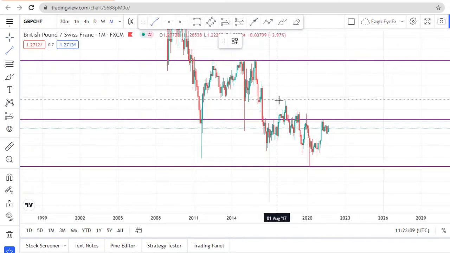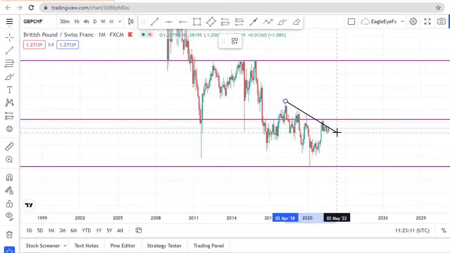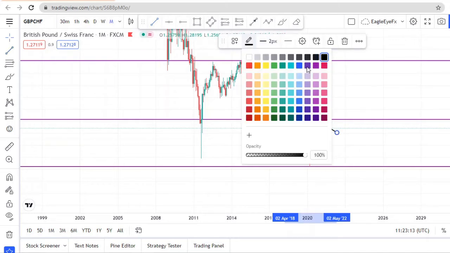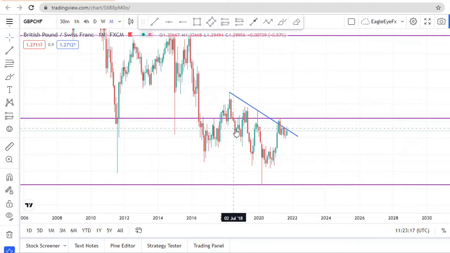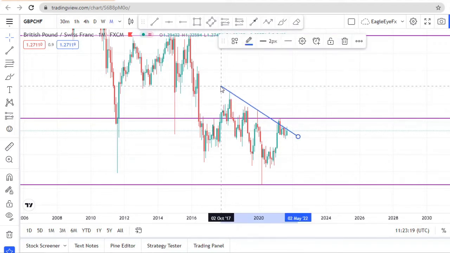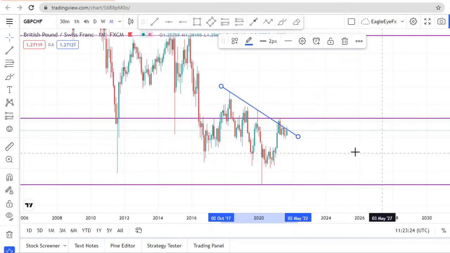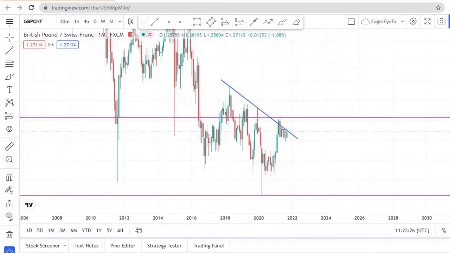Then also something interesting is you can see that over there, this market got rejected here, and here this market has not been able to cross that level over there. So let's go down further to the weekly time frame.